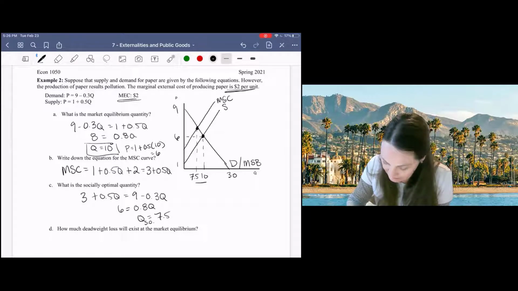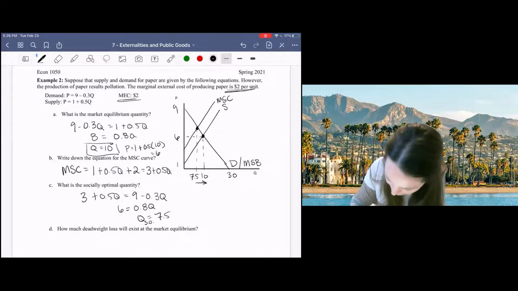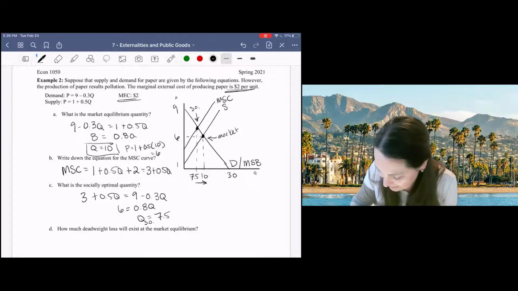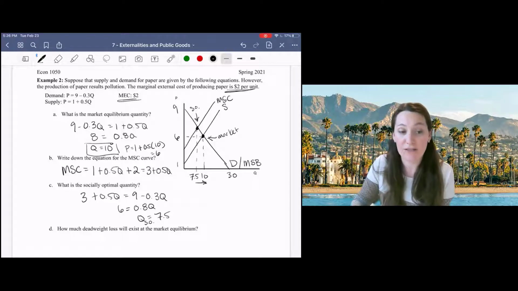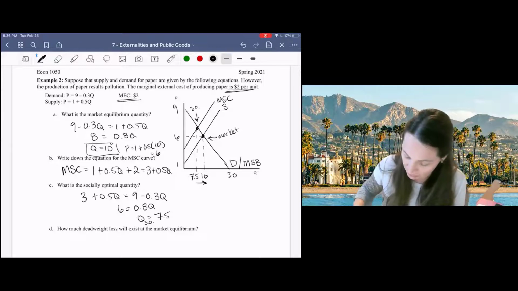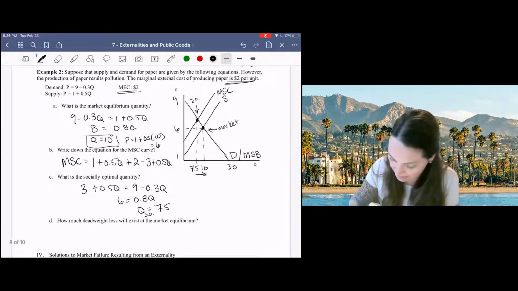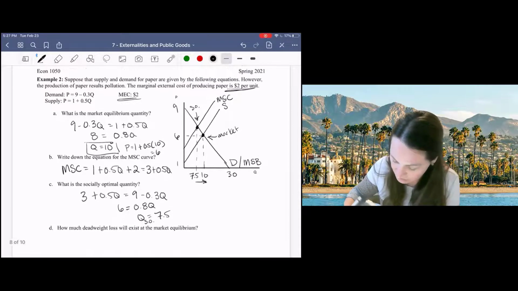Again, you can see the market here has produced too much of this product because it's failed to take into account the full cost in terms of pollution. That results in a smaller amount of total surplus at the market equilibrium than at the socially optimal point.